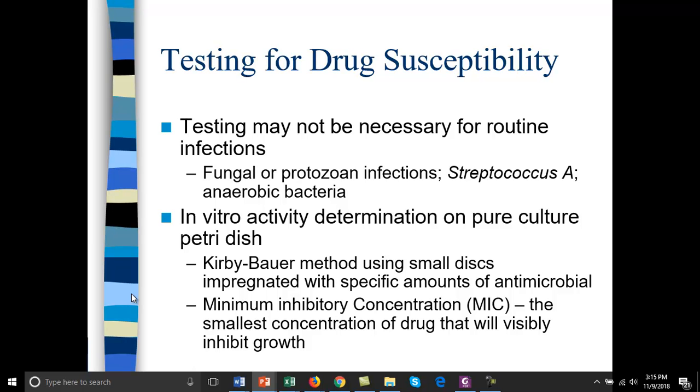And the Kirby-Bauer test uses just small discs that are impregnated with antibiotic. And they are helpful at determining what's the minimum inhibitory concentration, or the minimum amount of antibiotic you can give to a patient that will visibly inhibit growth, or is going to be effective at killing the bacteria without killing the patient.